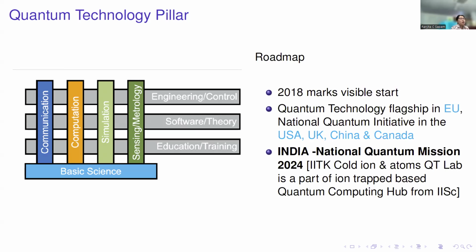Because today's discussion is regarding the International Year of Science and Technologies, I just wanted to tell how quantum technologies development has boomed. Around 2018, there was lots of funding.